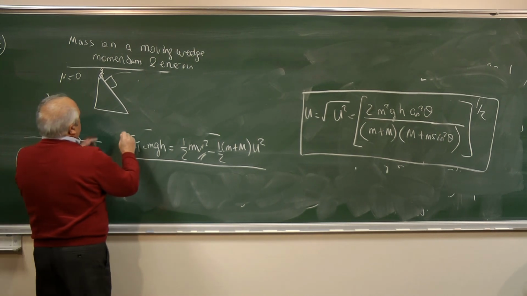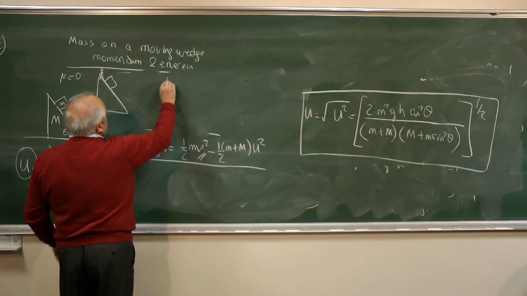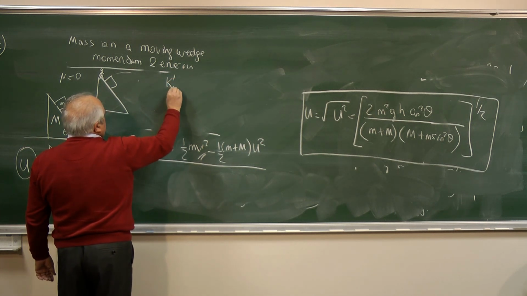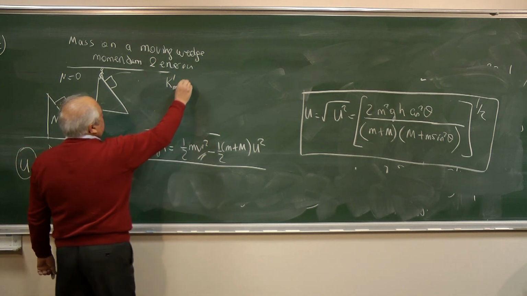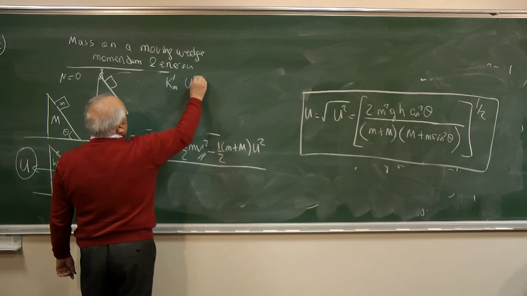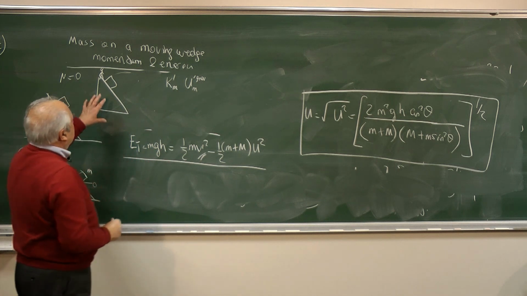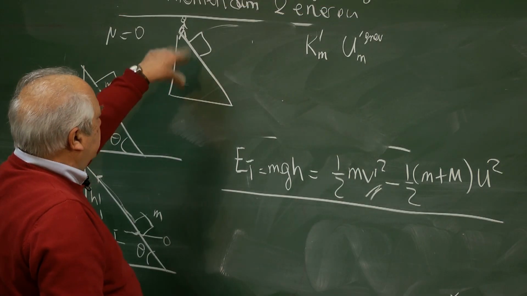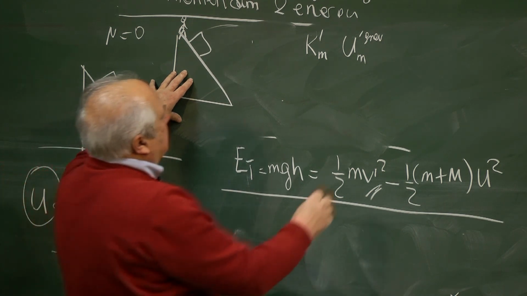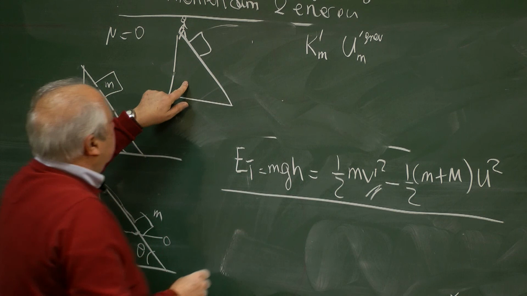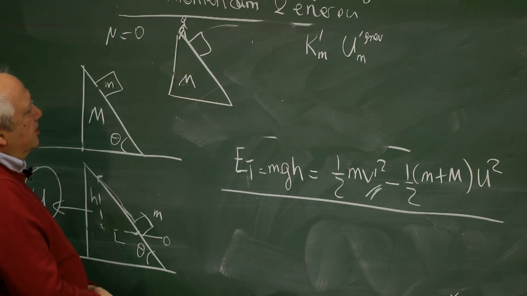Okay. So what energies do we have? He has K prime m, the kinetic energy of the mass m, and the gravitational potential energy of m. The wedge is not moving up and down, so no gravitational energy. Okay, and there is no kinetic energy of the big mass M because the observer is on the wedge.